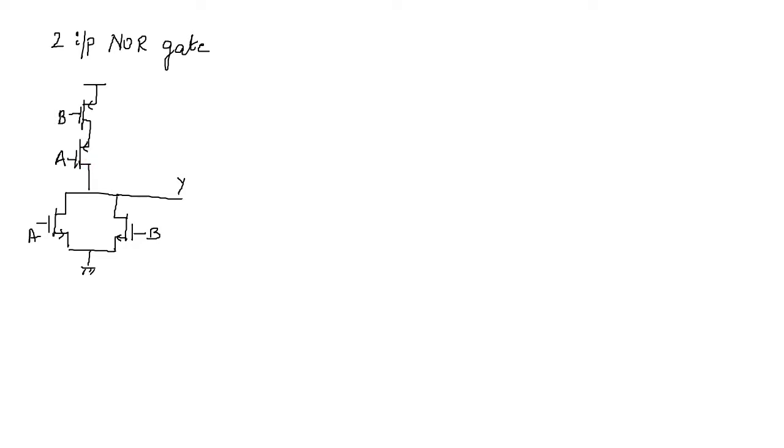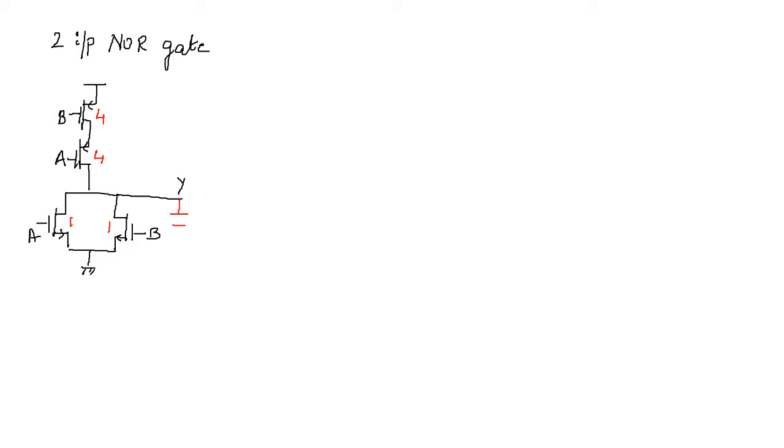So the sizing is 1, 1 for the NMOS. A PMOS with a size 2 provides a resistance R, and a PMOS with a size 4 provides a resistance R by 2.